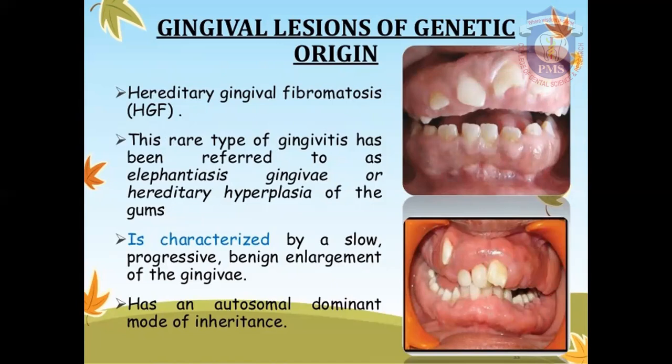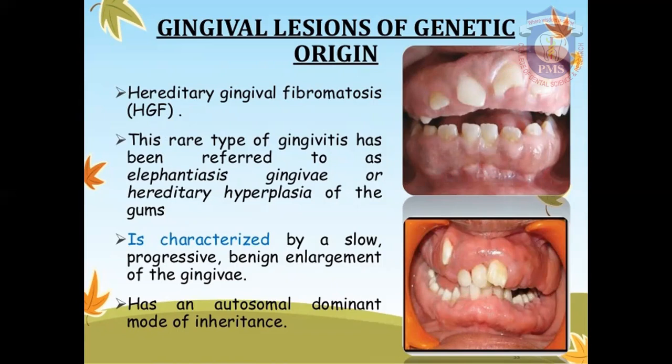HGF normally appears with the eruption of permanent teeth, although cases have been described in primary teeth and even at birth. The HGF gingiva has a rosy color, fibrous appearance, and marked stippling, but no sign of inflammation.